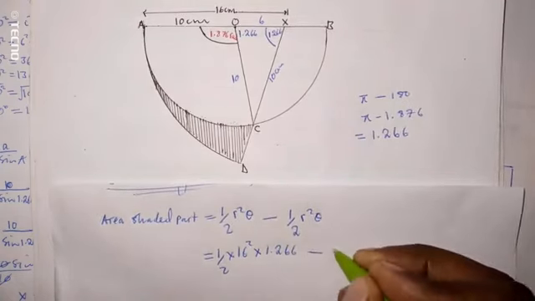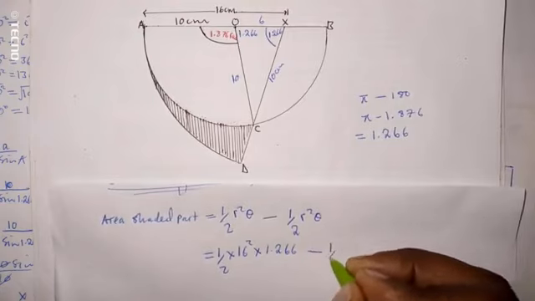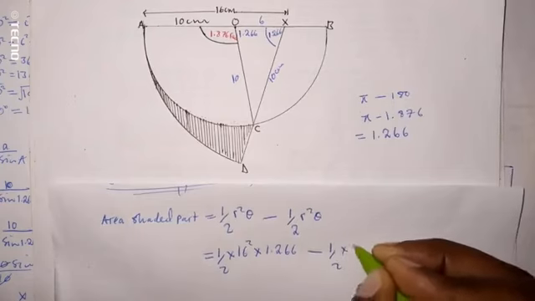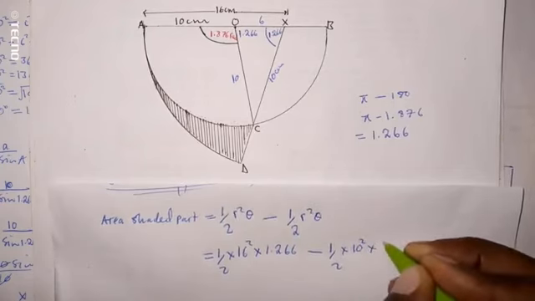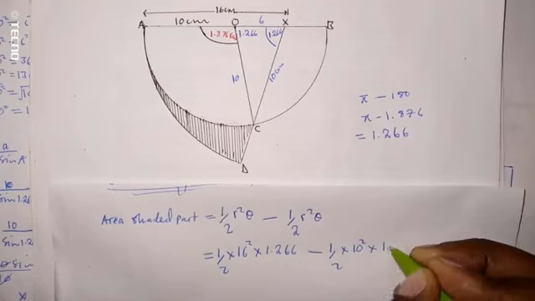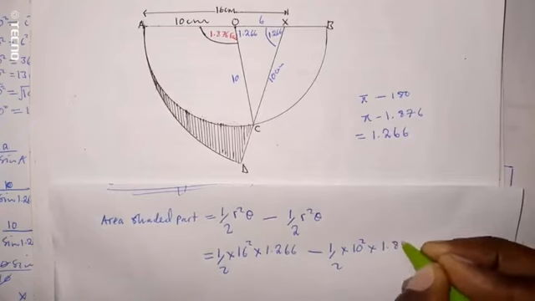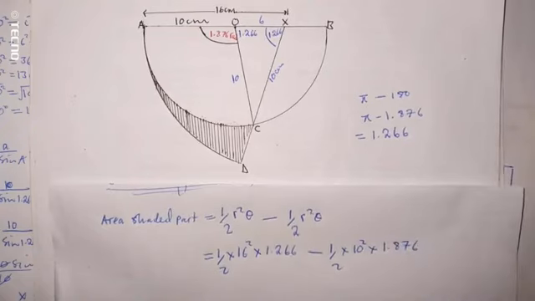Then we subtract this one: half times 10 squared times 1.876. So this is what we do.